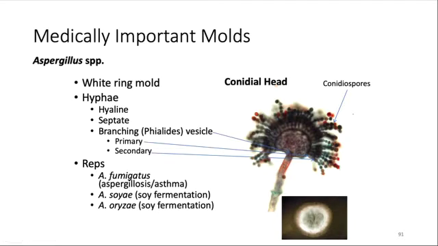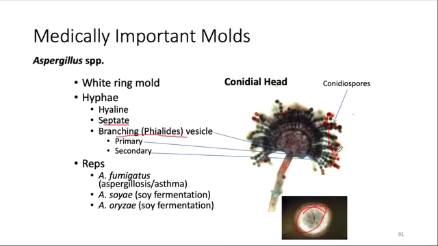Another important fungi is Aspergillus. So these are white molds, white ring molds, as you can see in the picture that I have down here in the subset. They produce septate hyphae, and they are branching in their presentation. So you can see the branches that are taking place.